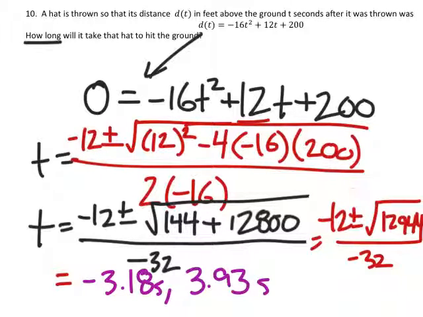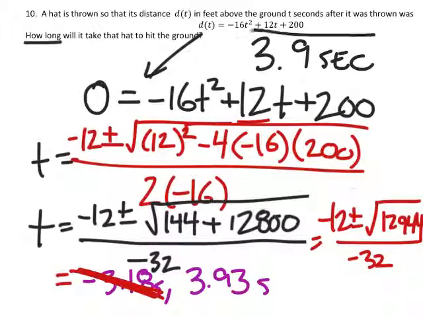Now, since it can't be negative, we know that this negative 3.18 can't work. And we'll go ahead and just round that to the nearest tenth. So this ends up just being 3.9 seconds.